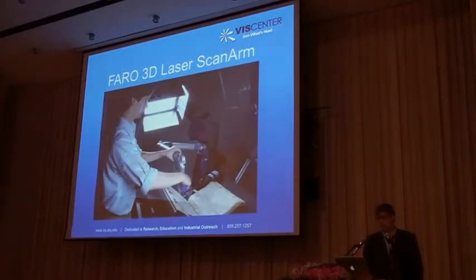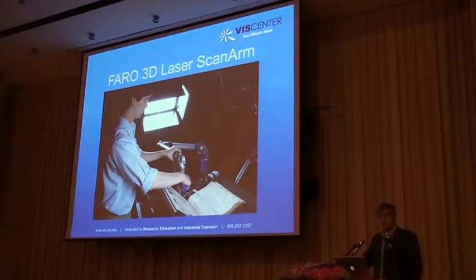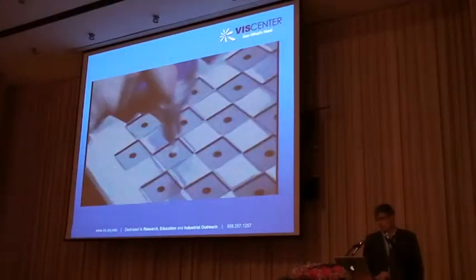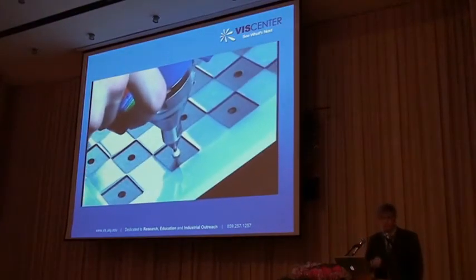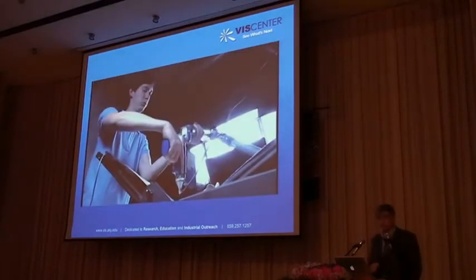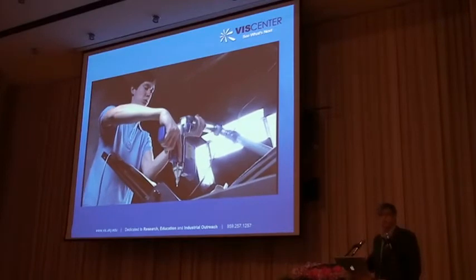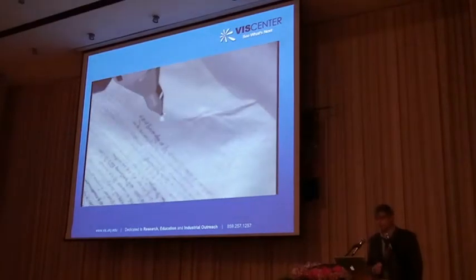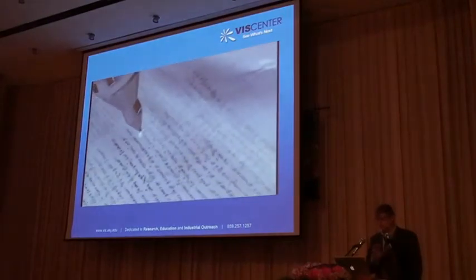And this is Matt Fields from the center in Venice, taking a 3D model of one of the pages of the Venetus A. Here he is, calibrating the device, and then he'll be taking the 3D model using the laser arm. Gives very good results.